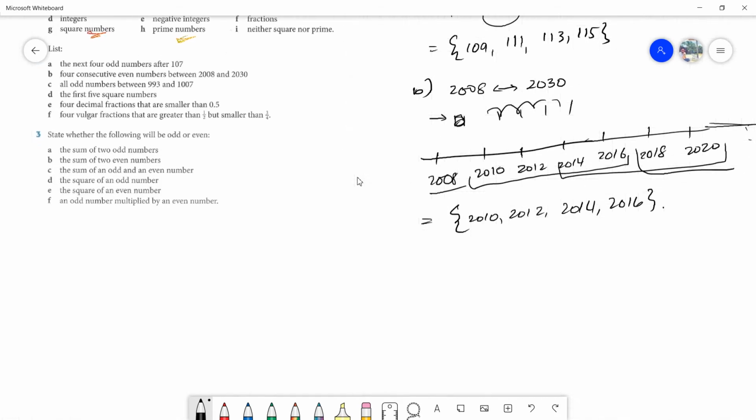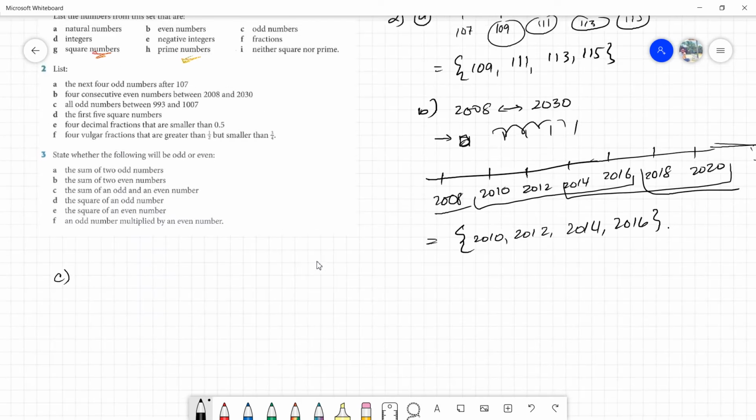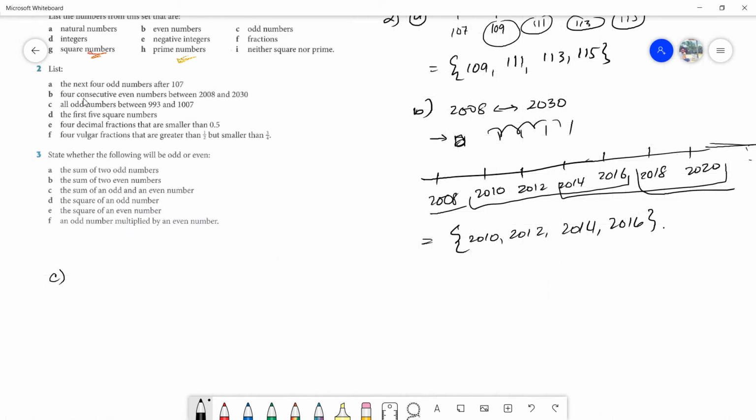Okay, then part C. It says all odd numbers between 993 and 1007. I hope you're clear with the odd numbers.